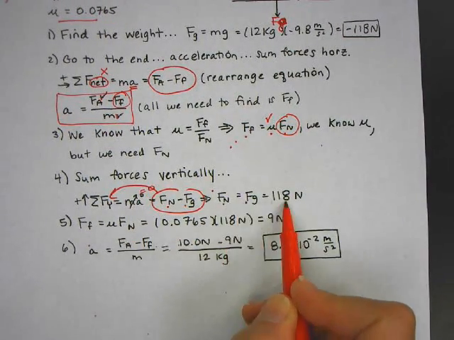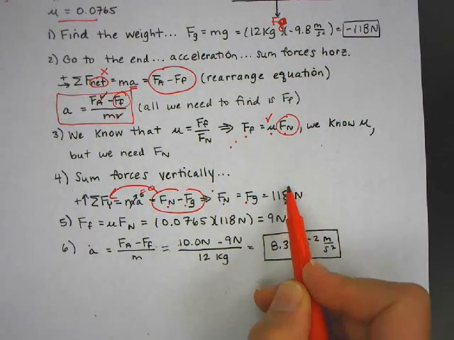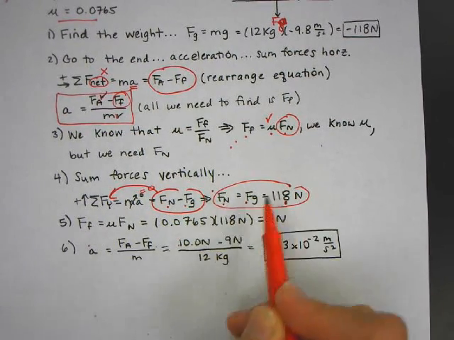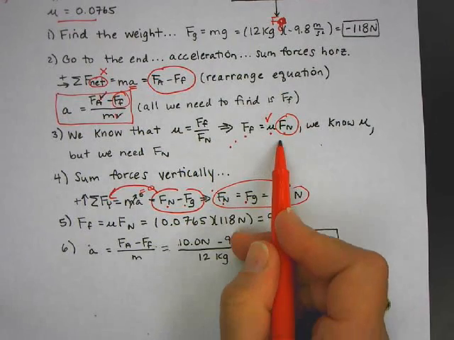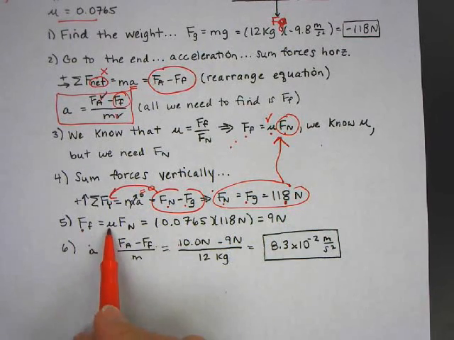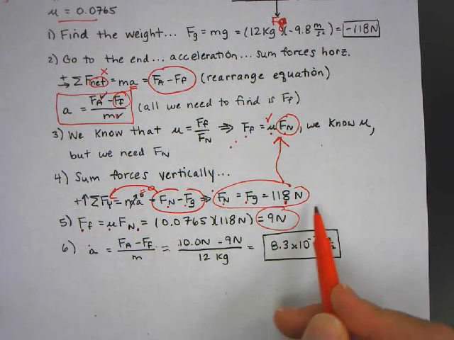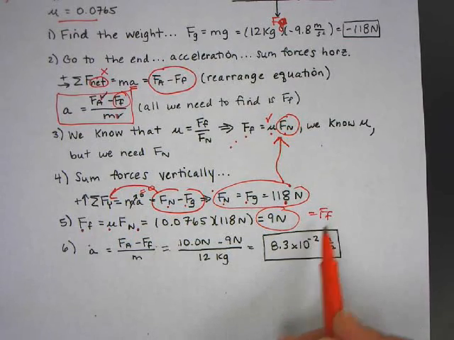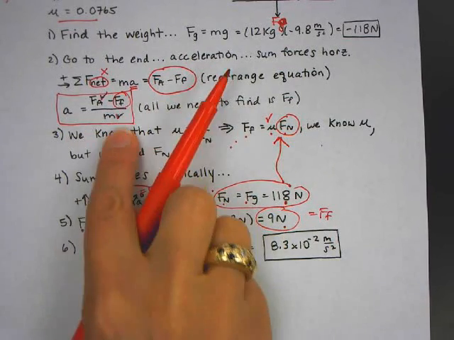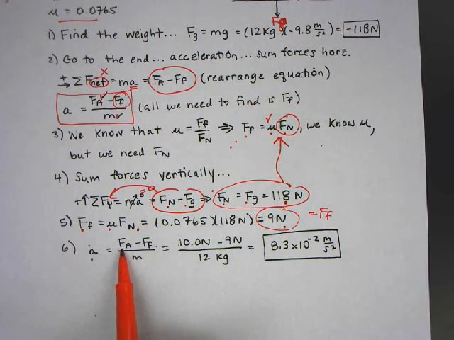So Fn is equal to Fg, which is 118. So once I get Fn, I then go back to this step. F of f is mu times F of n. I find F of f. And then once I get F of f, I go back to my original step and I say A is equal to FA minus F of f over m. And I substitute and solve.